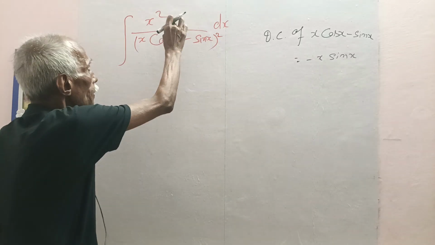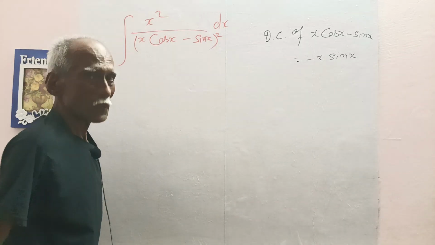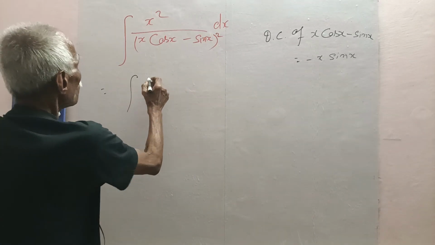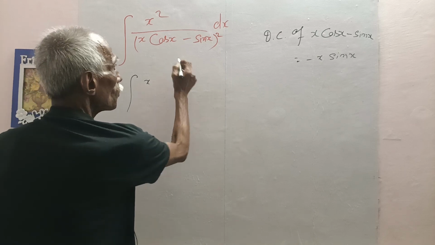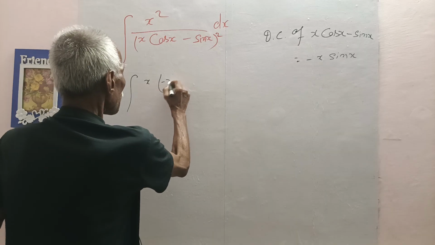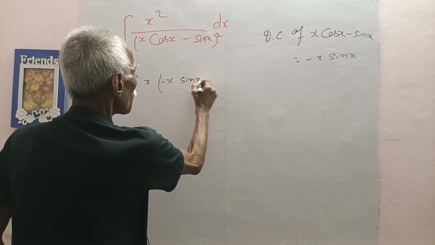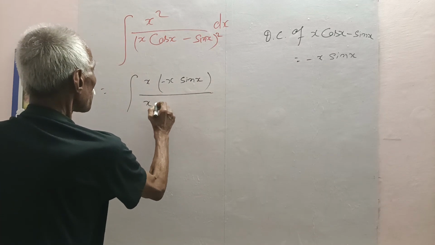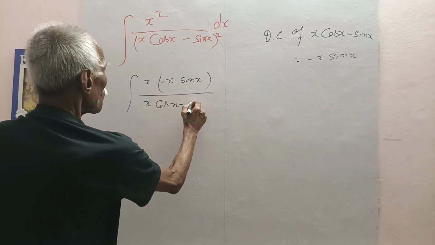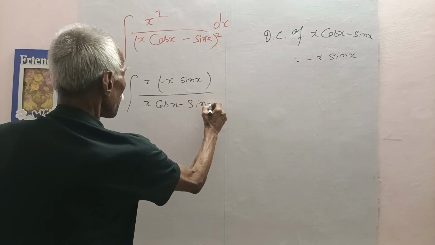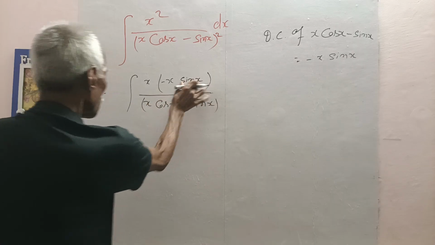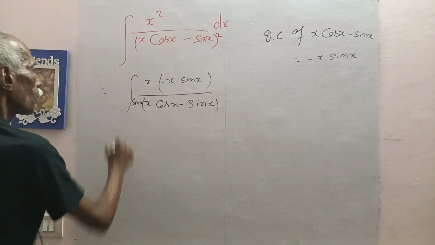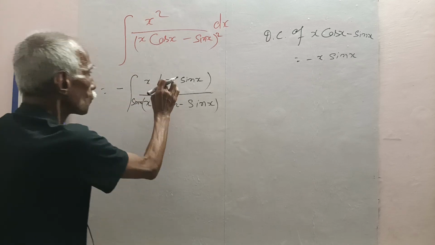We have to multiply this and this by sin x. x is already here, so write here x, and right here minus x sin x by x cos x minus sin x. And this sin x we have to write here, sin x, and minus here, because here is positive, so minus and minus plus.